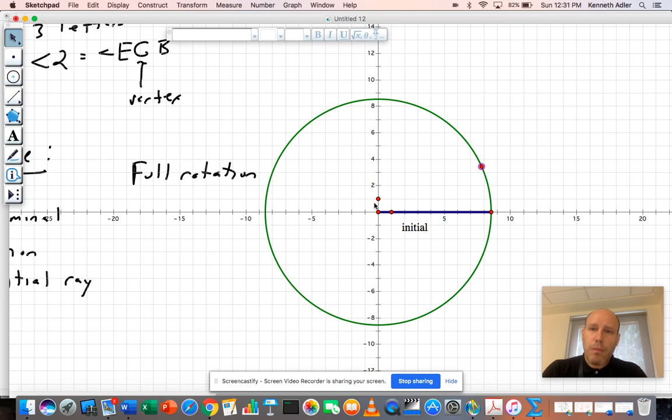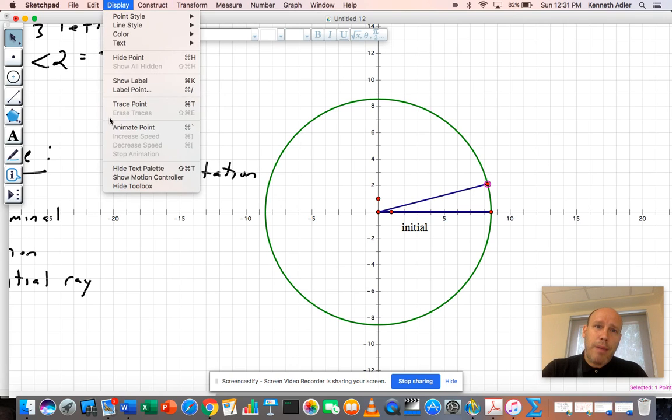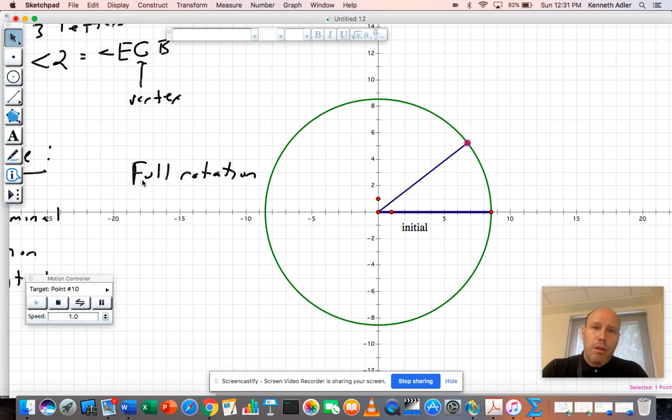Let's construct a segment, and the idea is that the terminal ray moves away from the initial ray, so let's animate this point.